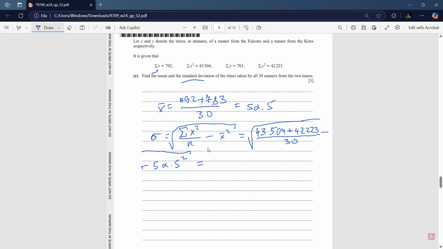Okay, let's calculate it in our calculator. Here it gives us approximately 10.1 in 3 SF.